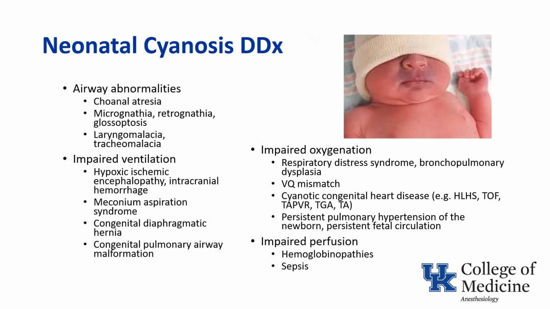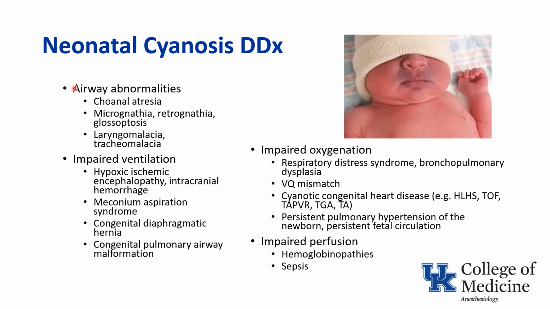Our next keyword is neonatal cyanosis differential. I'm not going to go through all of these things on this slide. This is certainly not all-encompassing. The main things that I want to point out are the four major abnormalities that can cause cyanosis in the neonate.